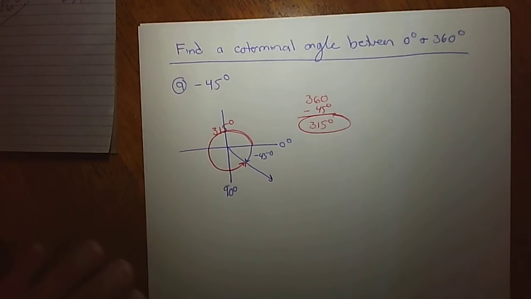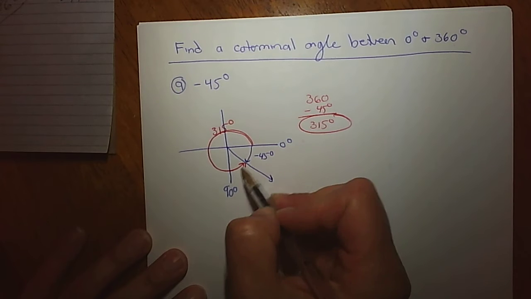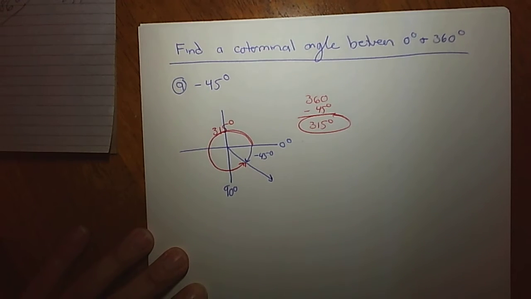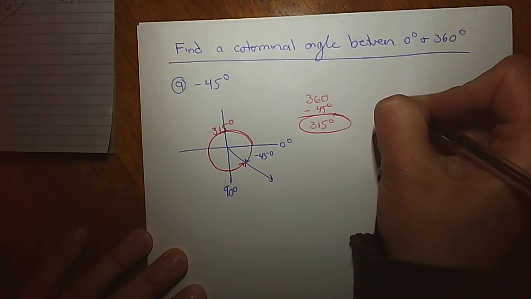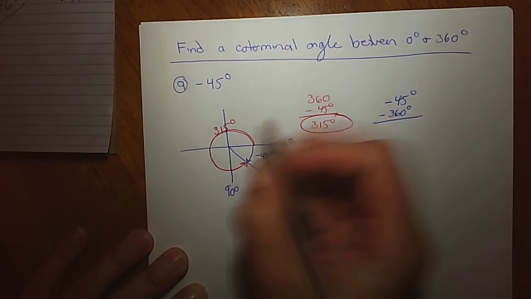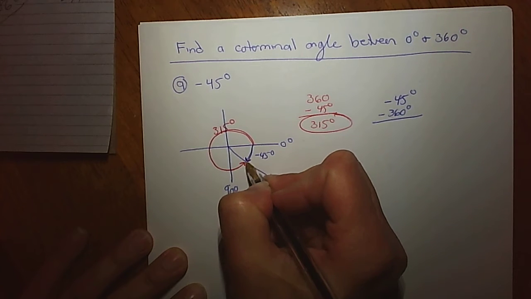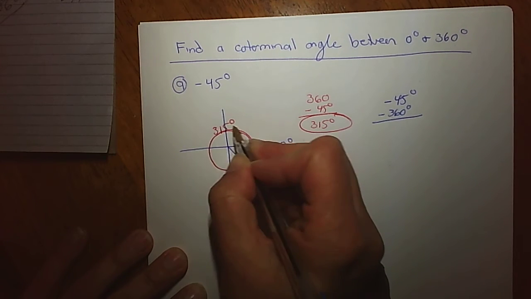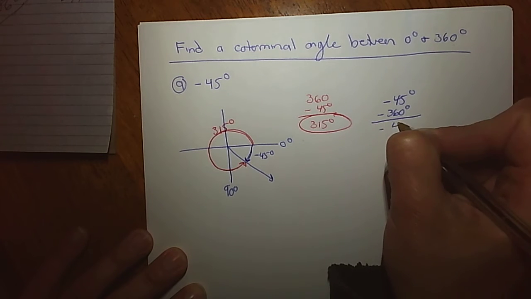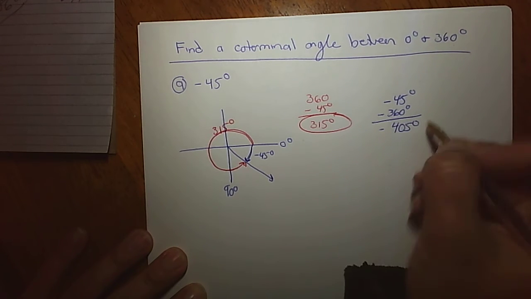Okay. Now, some of you gave me another negative. You said, what if we went all the way around again? Well, if I take negative 45 degrees and I subtracted 360 from it, if I kept going backwards another 360, this would make negative 405 degrees.